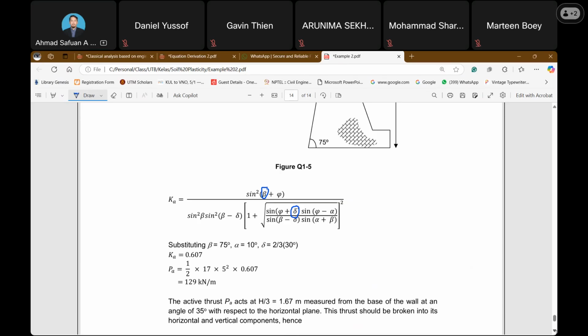Try to calculate. I'll give you only 1 minute. Calculate first. Do you get the same value or not? Calculate and let me know.